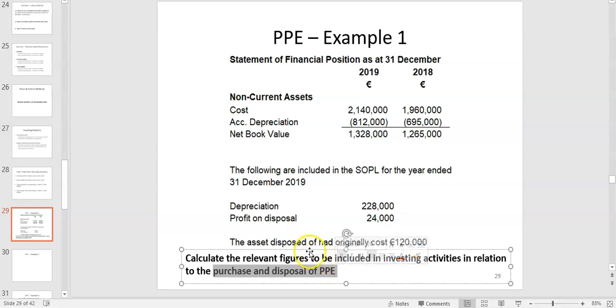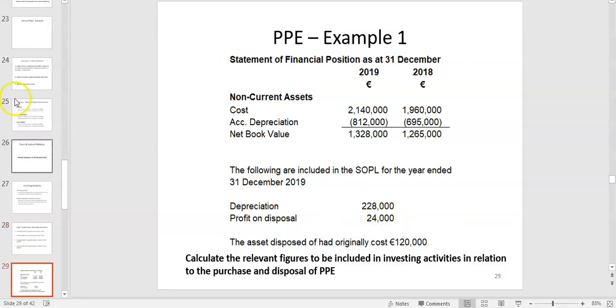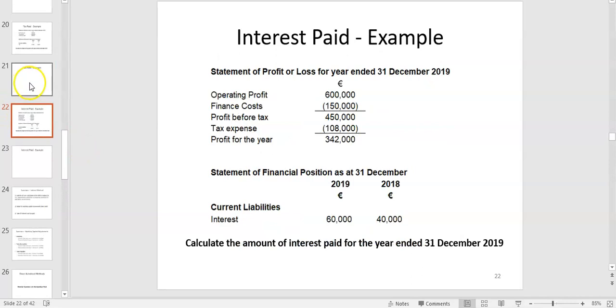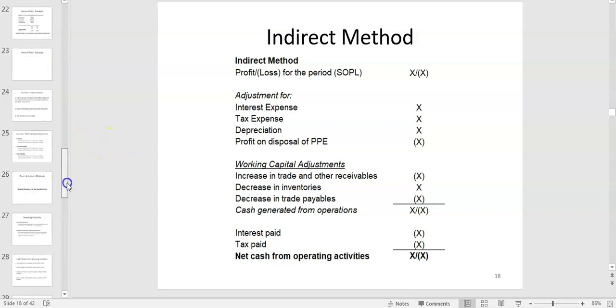Now, from an operating perspective, this depreciation and profit on disposal will be two separate adjustments. So when you're doing your indirect method, we're not doing it now, but if you were, you would have to take off the profit on disposal and add back depreciation. So they can impact different areas on the statement of cash flows.